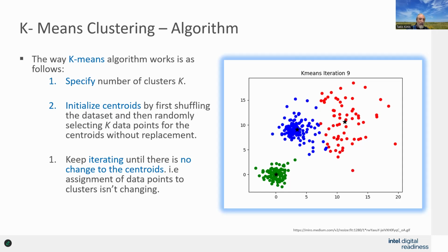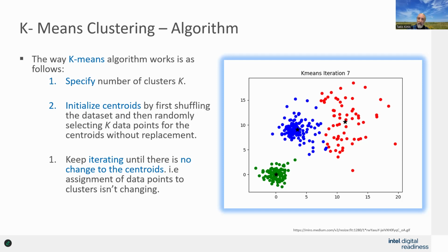We keep iterating until there is no change to the centroids. In other words, we keep running the algorithm that calculates where the center is until those centers stop moving, and then we know we have them in the right place. The more times it iterates, the more accurate it gets, up to a point.